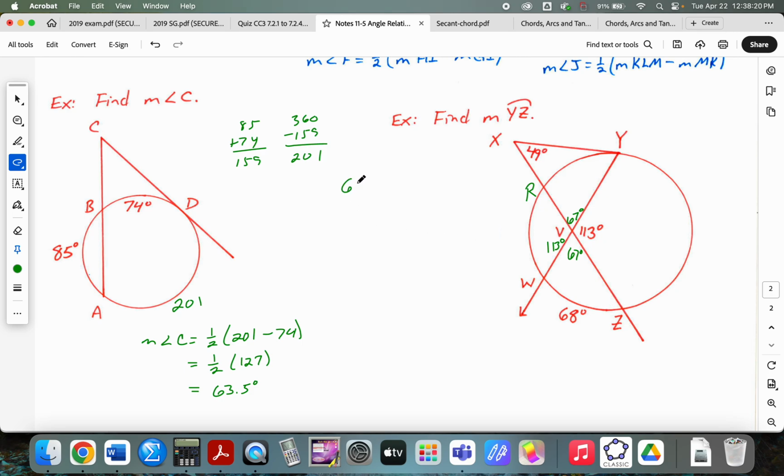So that means that 67 is equal to half of the two arcs added together, 68 plus the measure of arc RY. So multiplying by 2, that's 134 is equal to 68 plus the measure of arc RY. Subtracting and we get 66 is the measure of arc RY.